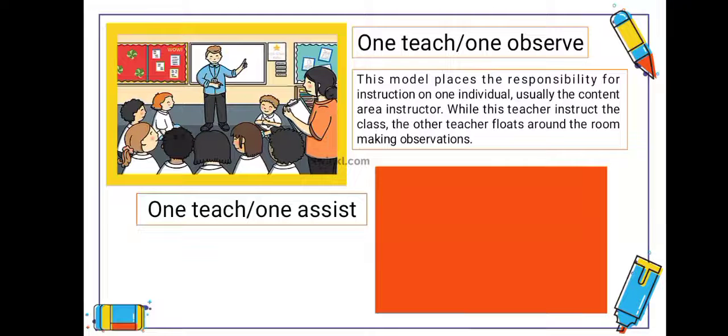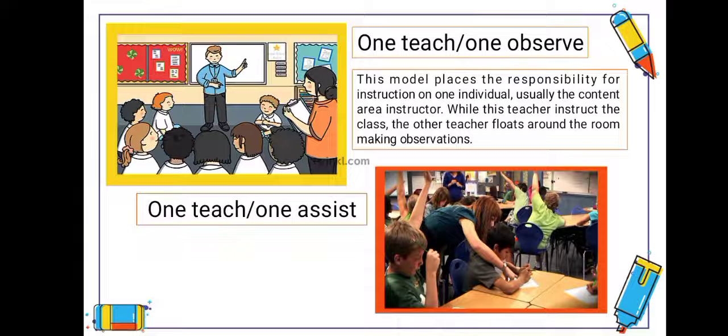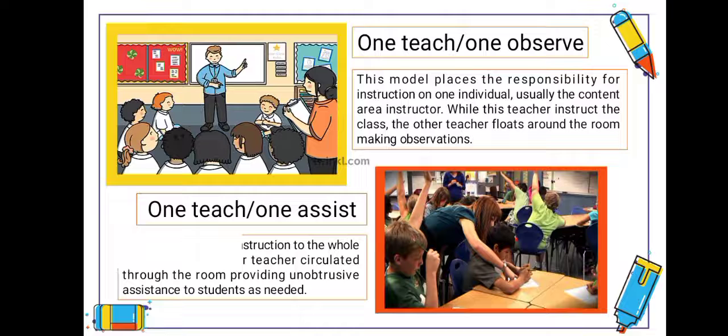Next is the one teach, one assist. One teacher provides instruction to the whole class, while the other teacher circulates through the room providing unobtrusive assistance to the students as needed.